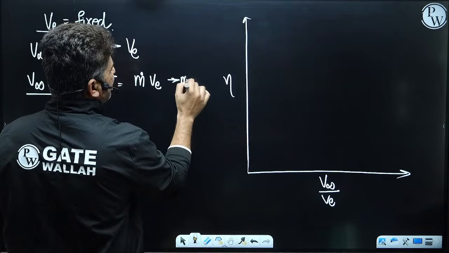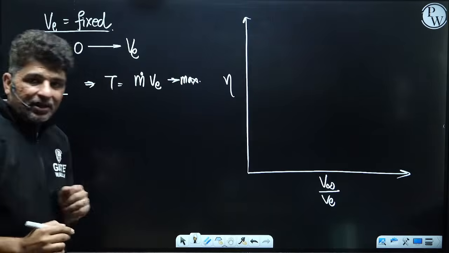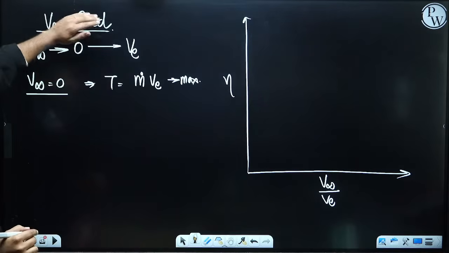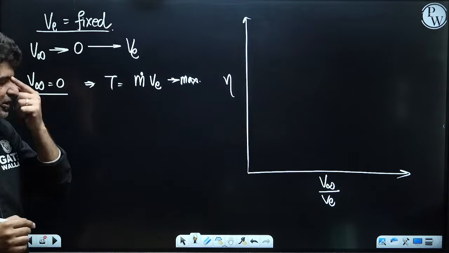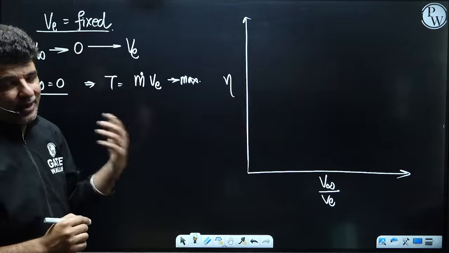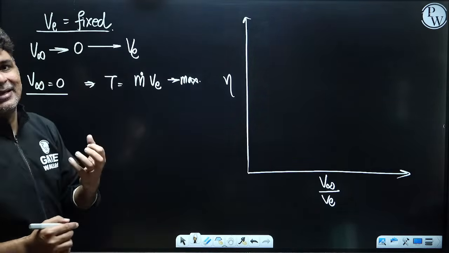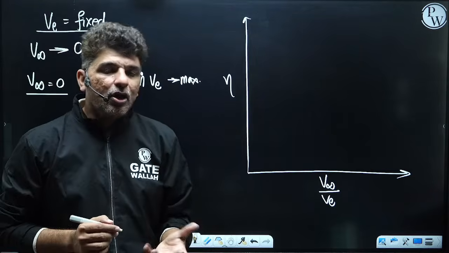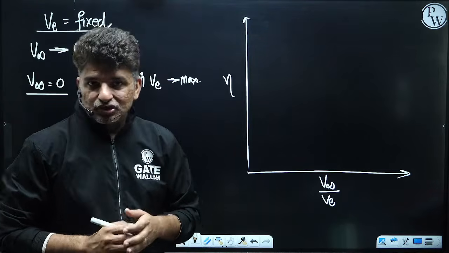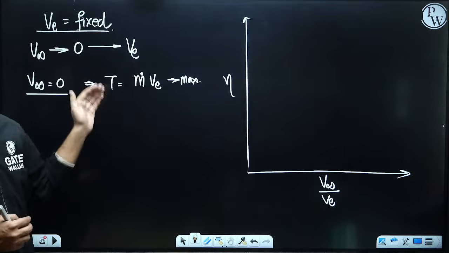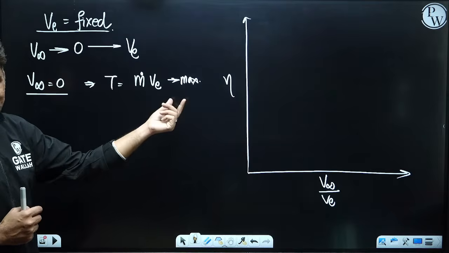If V exit is fixed, this thrust will be maximum, because in case of a naturally breathing engine, this is the condition called at sea level or stationary condition. So generally in stationary conditions, this is one of the thrusts.